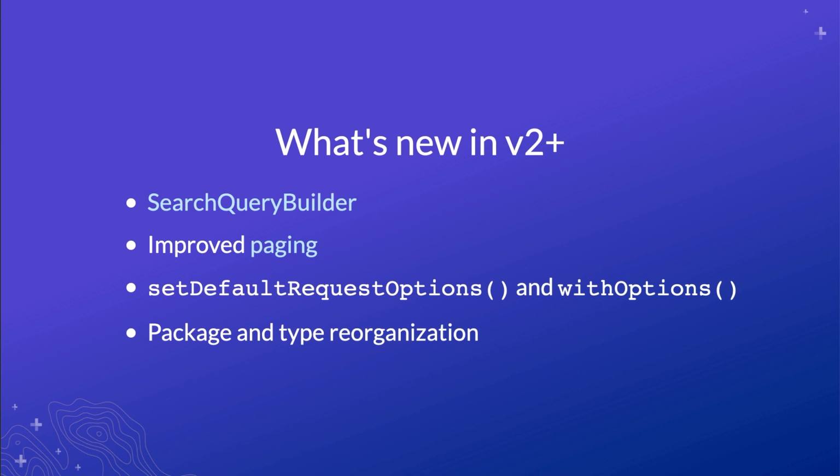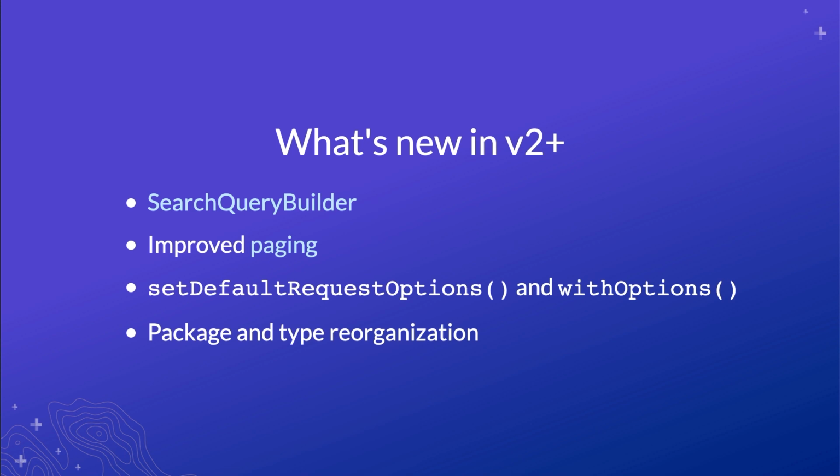We've also added two helper functions, set default request options and with options. Set default request options allows you to set custom options for all requests. So anytime any request is made, it'll always have those options. It's useful for things like request headers that will likely need to be with every single request.